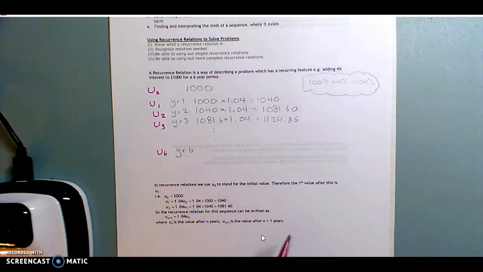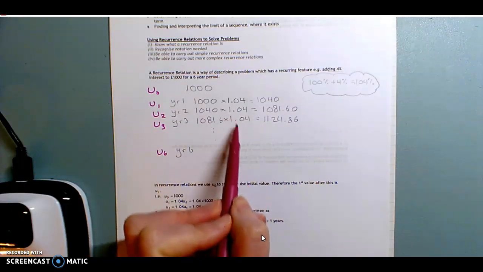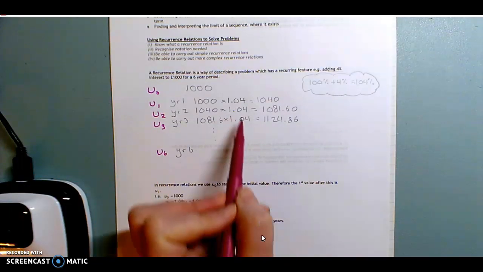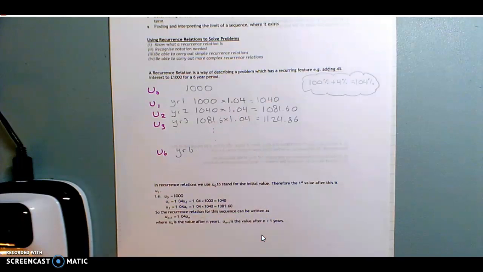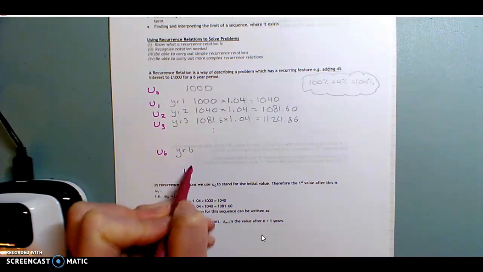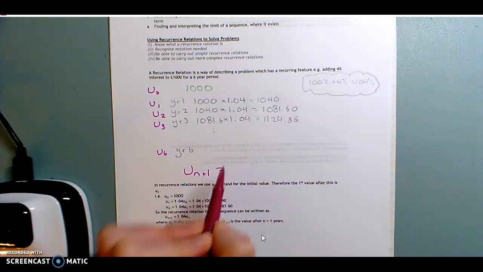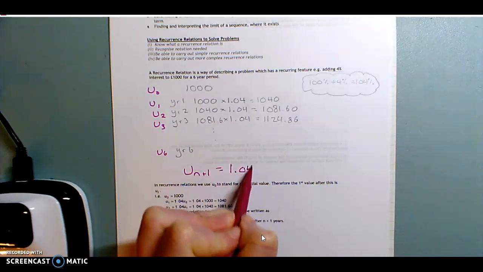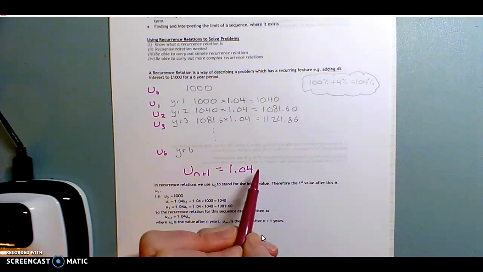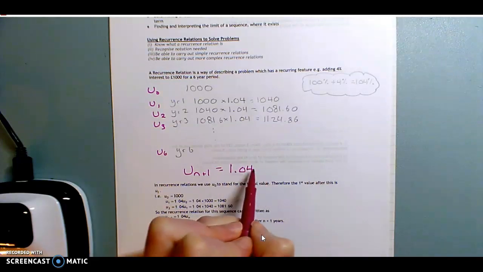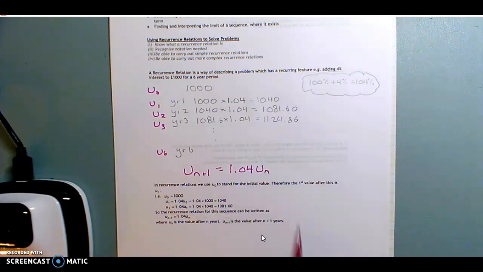So when we look at this, we notice that we're multiplying by 1.04 every time. So the recurrence relation for the sequence can be written as, to get the next term, you're going to take 1.04, your multiplier, and multiply it by your current term.